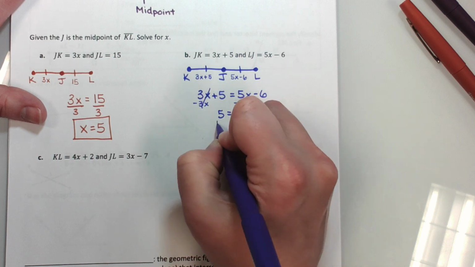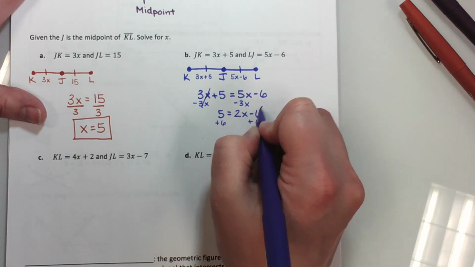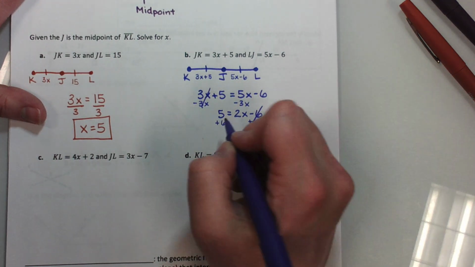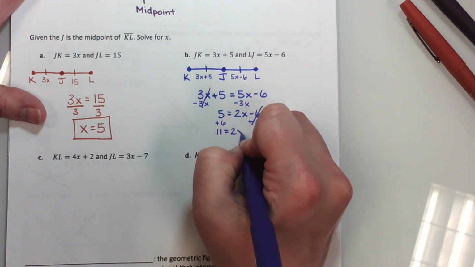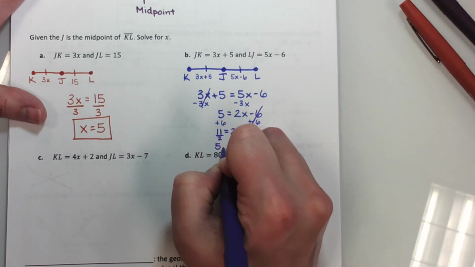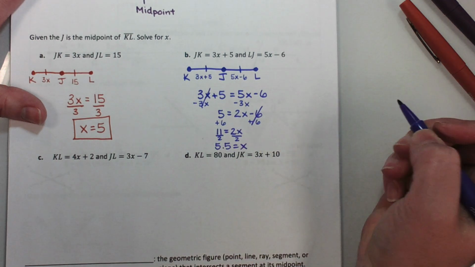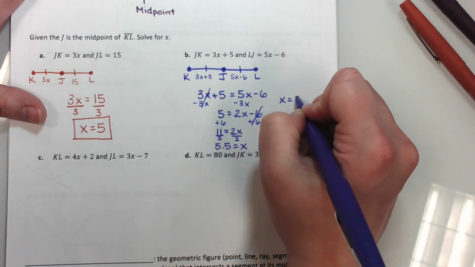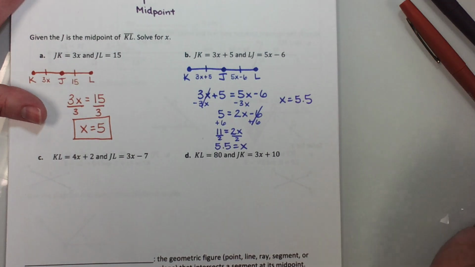Add the 6. 5 plus 6 is 11, equal to 2x, and divide by 2. 5.5 equals x. Or x equals 5.5. Does the decimal mean I'm wrong? No.